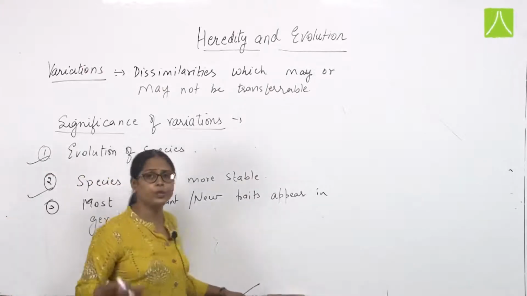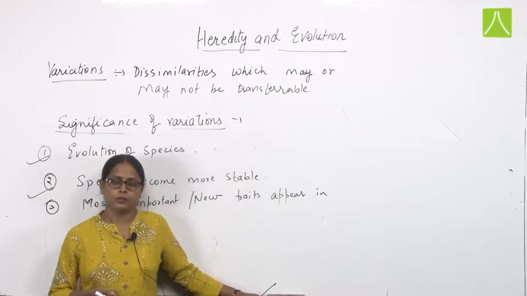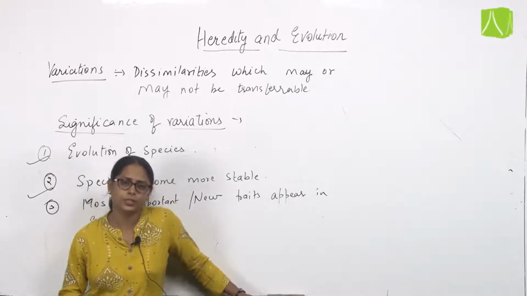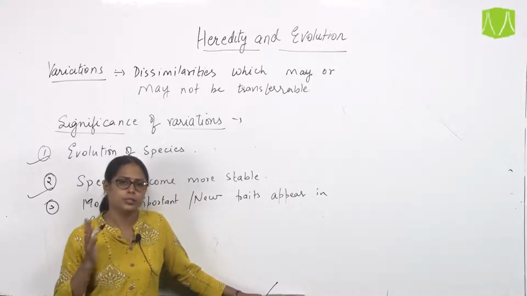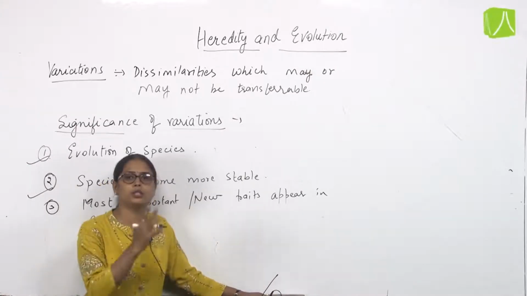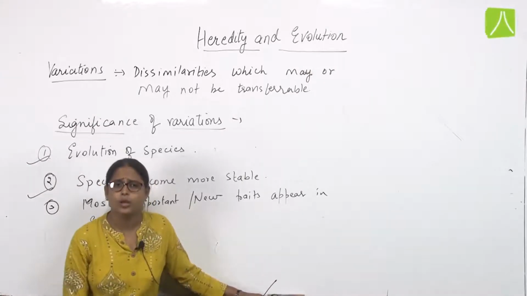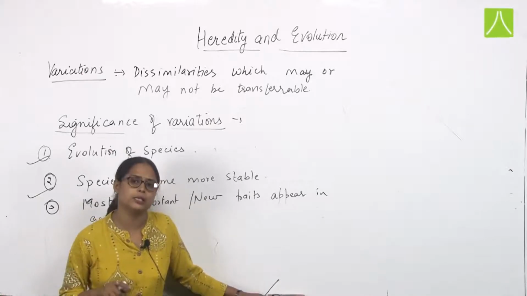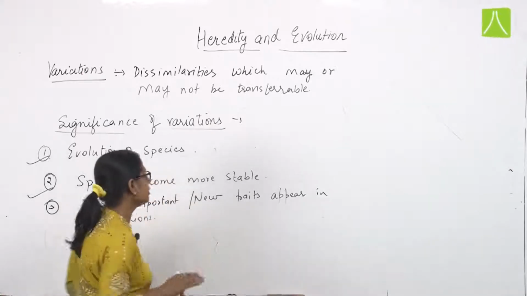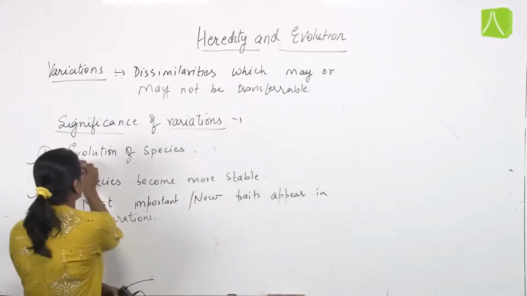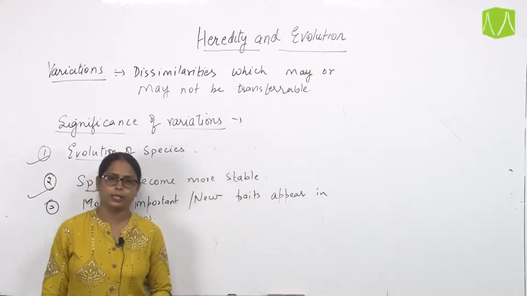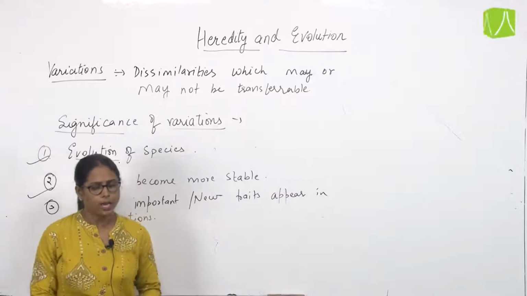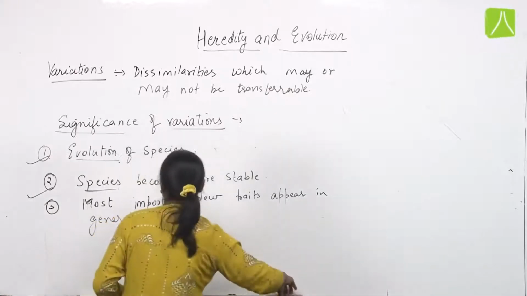Again, some new character may also appear due to variations in the generation, and these new traits may support the species population again to adjust with the changing environmental condition. So the most important significance is all about evolution and the species survival and stability attained due to the variation. Now we are going to discuss genetics.